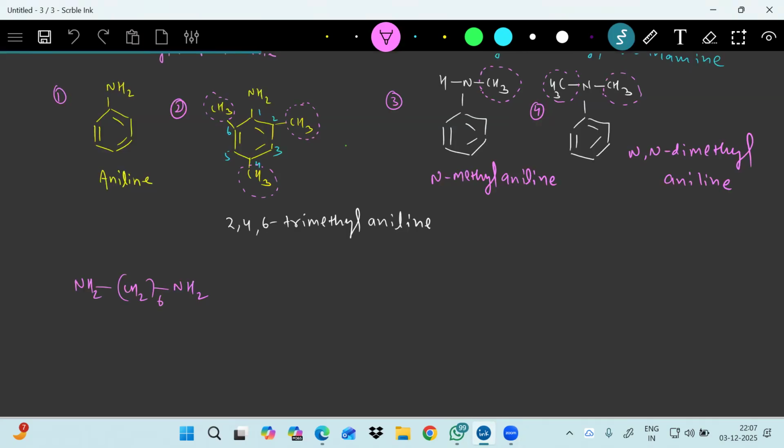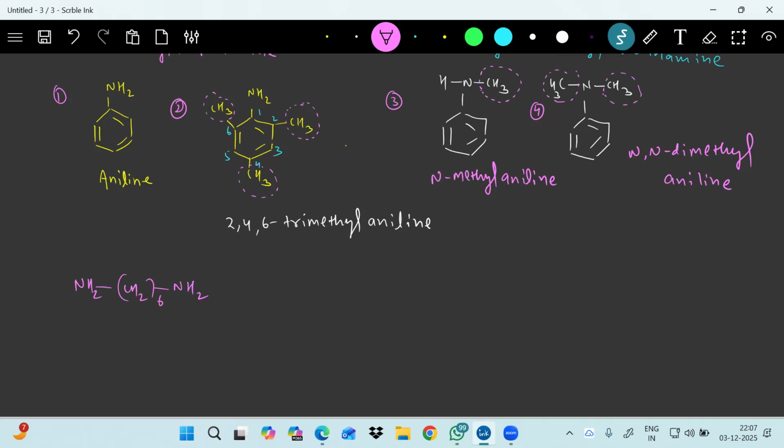It will be hexane diamine, because two amine groups are there.